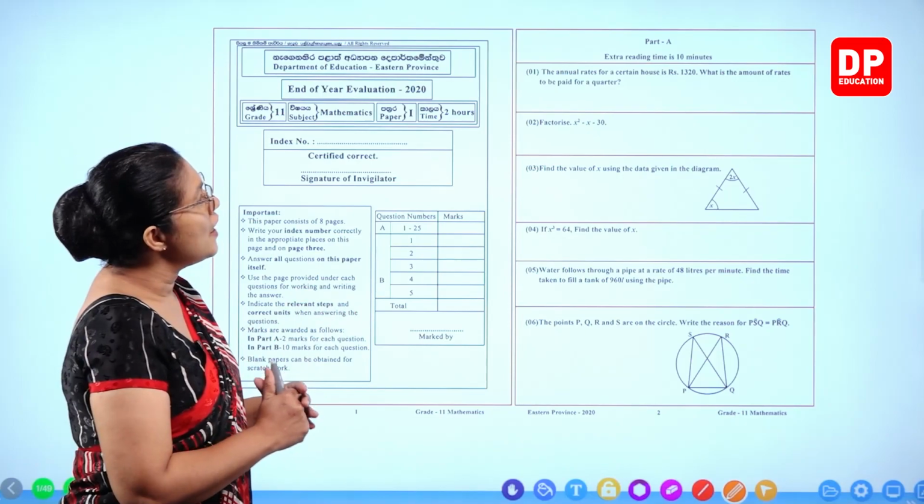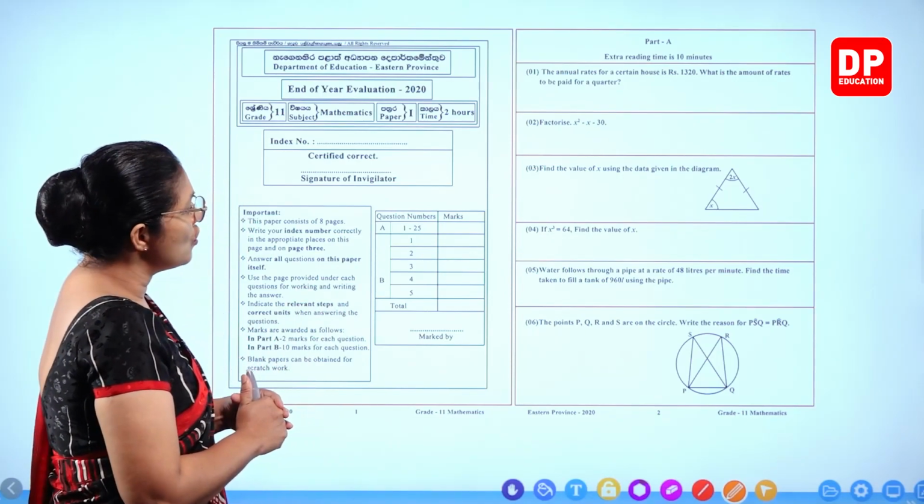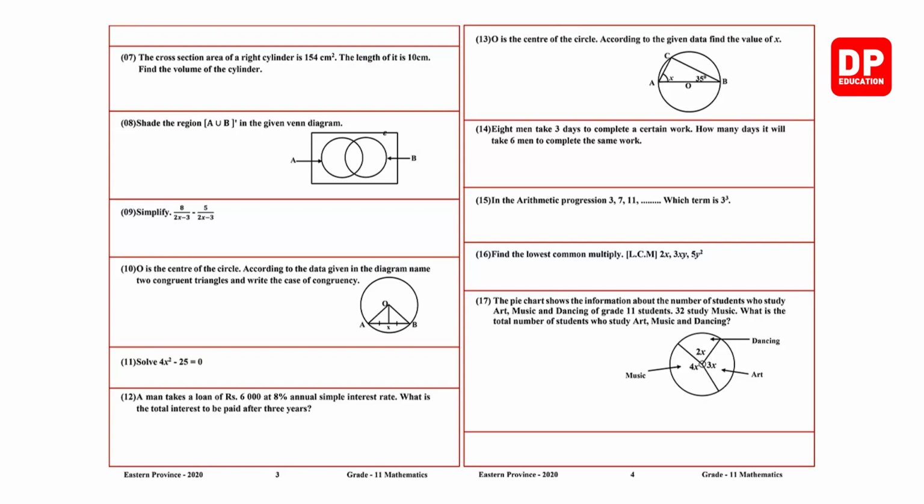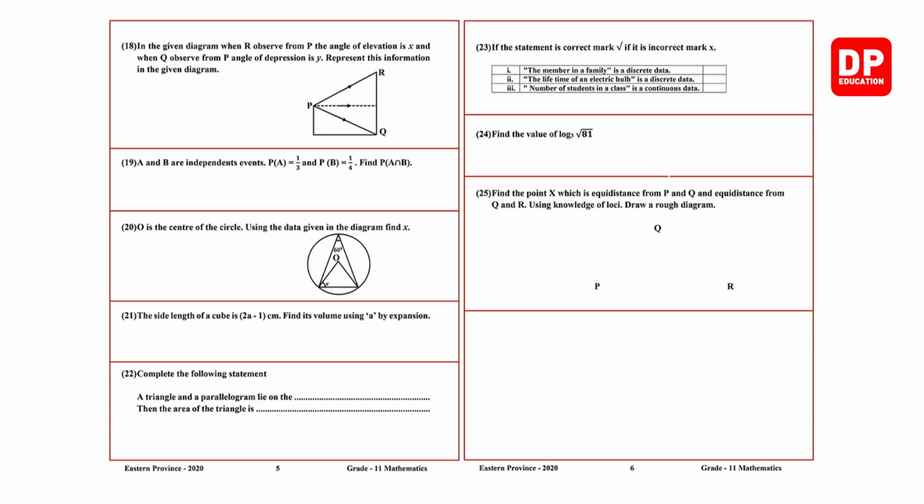So on the first page of part A, you get questions 1 to 6. Then you get 7 to 12. Then 13 to 17. 18 to 22. Then 23 to 25.